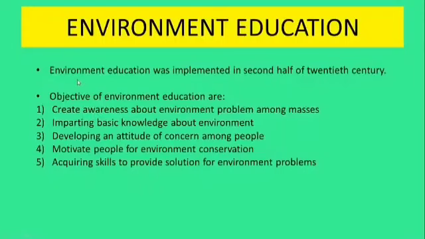Environmental education. From the 1960s, as we have seen, environment became one of the most important topics. So it was really needed that all the people should be made aware about environment.